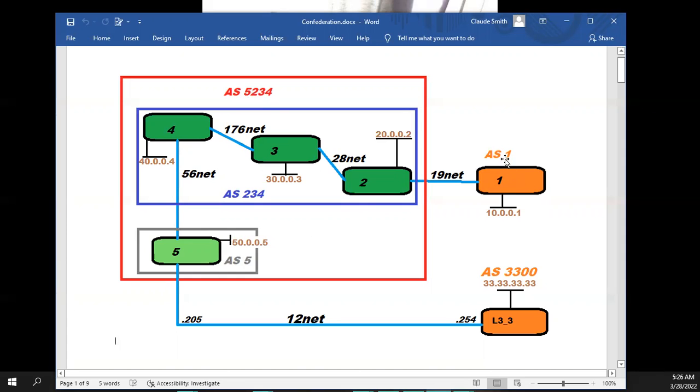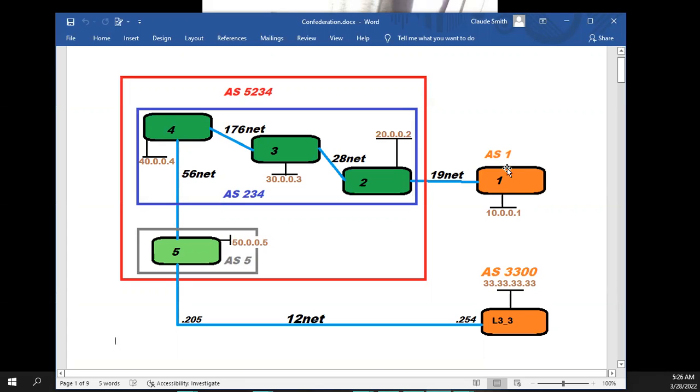But just to give you an idea, let's say our organization is autonomous system number 1, and we're concerned with resources in autonomous system 3300.